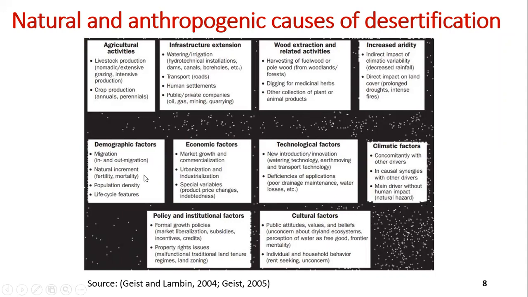So basically, if we look at the agricultural activities and take the first point, it is related to livestock production. When the human population increases, there is a need for producing more food to meet the food demand. Because of that, there will be an increase in livestock production, like raising cattle, goats, and so on.